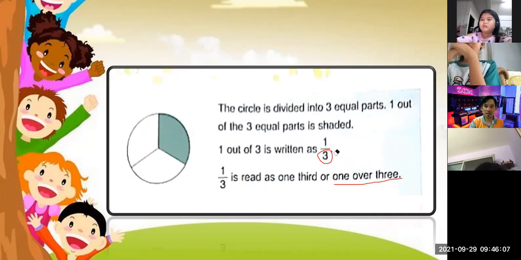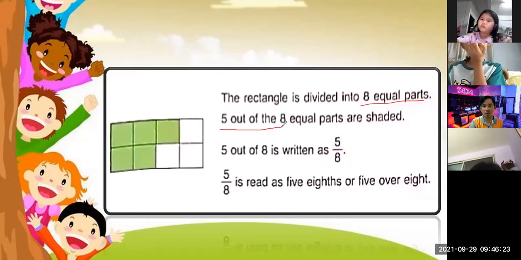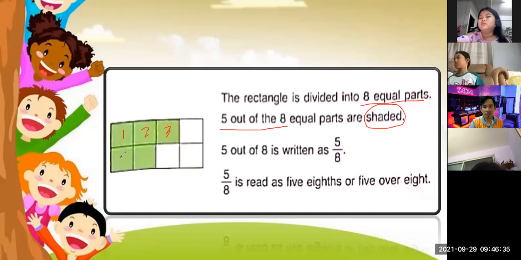Let me erase first. And then let's proceed to the next slide. The rectangle, you will see here 8 equal parts. And 5 of the equal parts are shaded. Shaded means you can see the color. 1, 2, 3, 4, and 5. Out of 8, 1, 2, 3, 4, 5, 6, 7, 8.